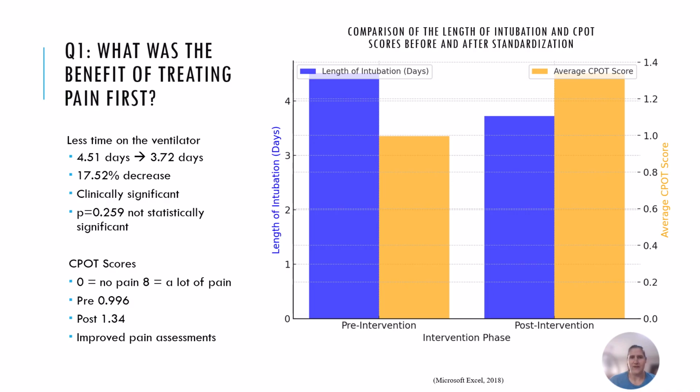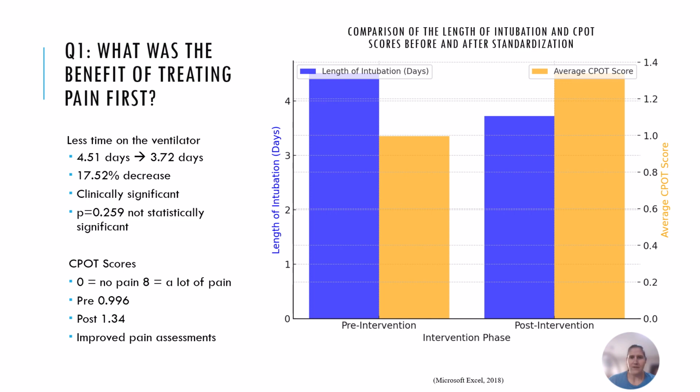Many intubated patients experience moderate to severe pain both at rest and during routine care. Severe pain can have a detrimental impact on critically ill patients, potentially causing cardiac and respiratory instability, which may result in extended periods of intubation. Treating pain first should lead to a reduction of time spent intubated.